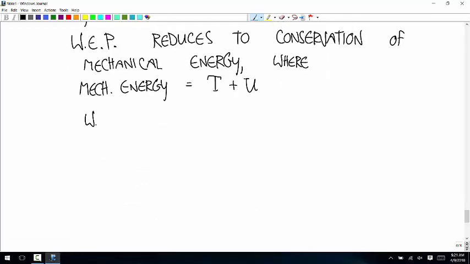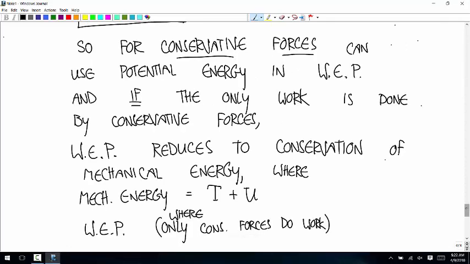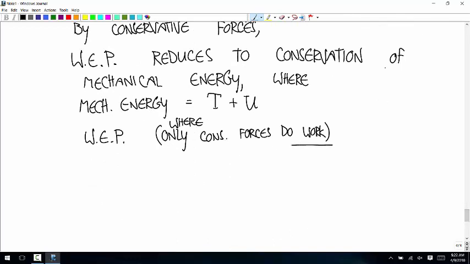The work energy principle, where only conservative forces do work. Okay, so the work energy principle says the total work is equal to the change in kinetic energy.